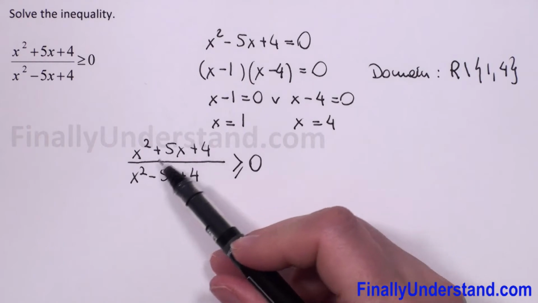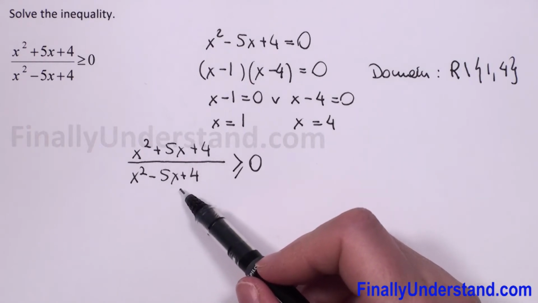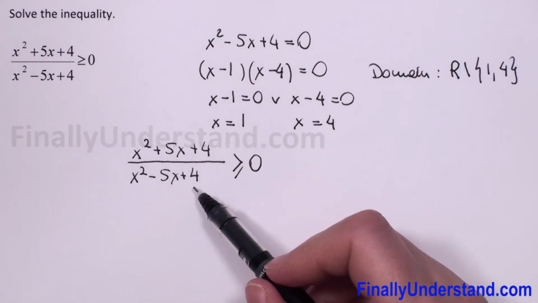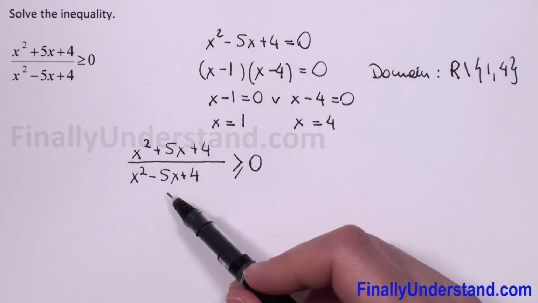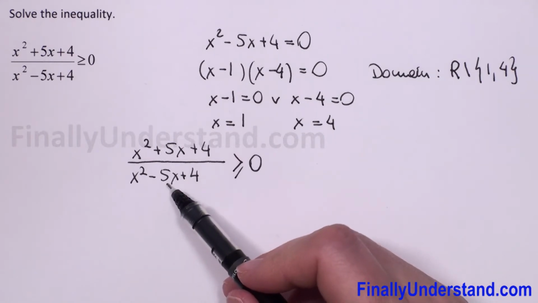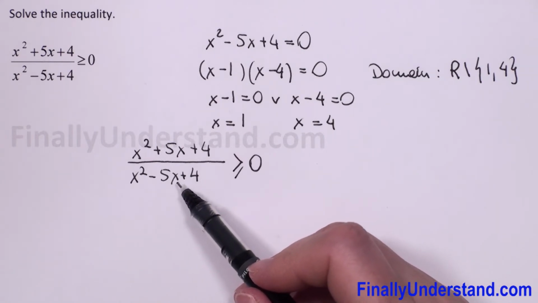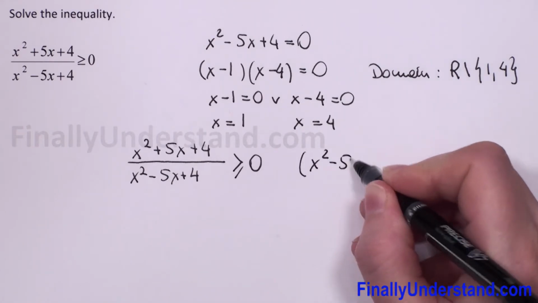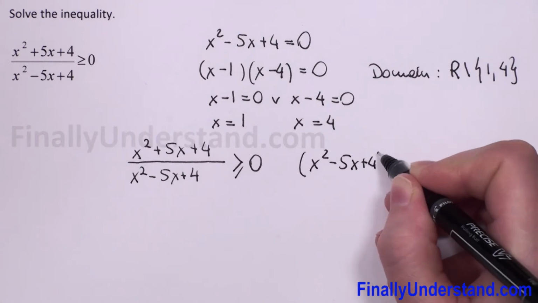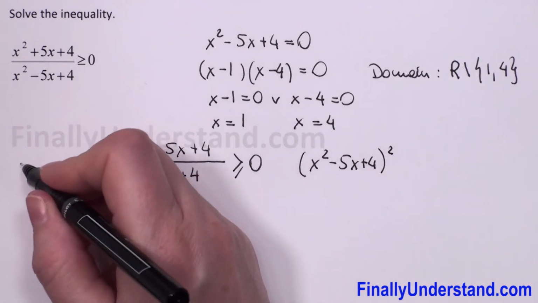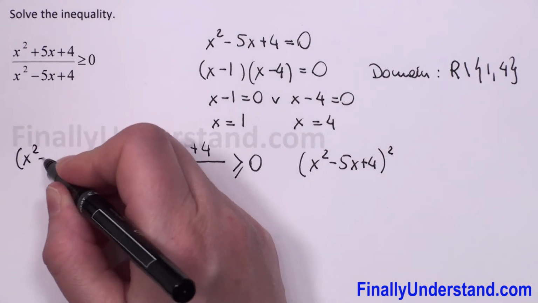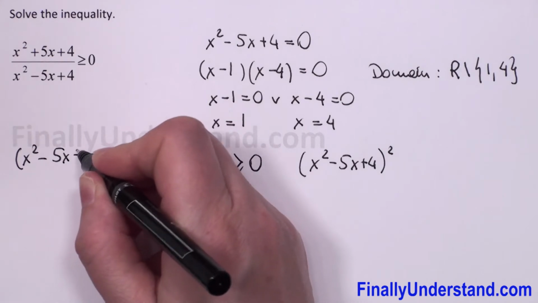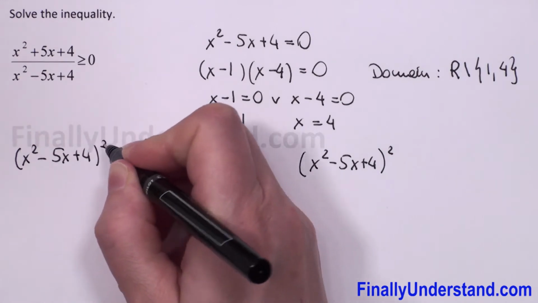Because we have a fraction on the left side, we have to multiply both sides of our inequality by the denominator raised to the second power, x squared minus 5x plus 4 to the second power.